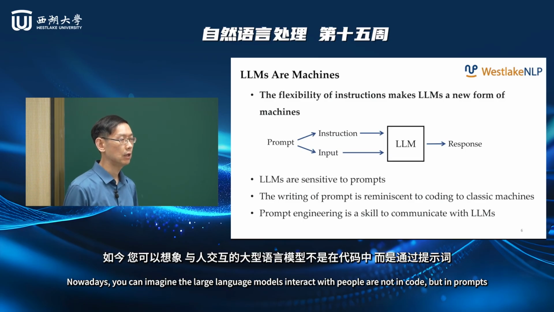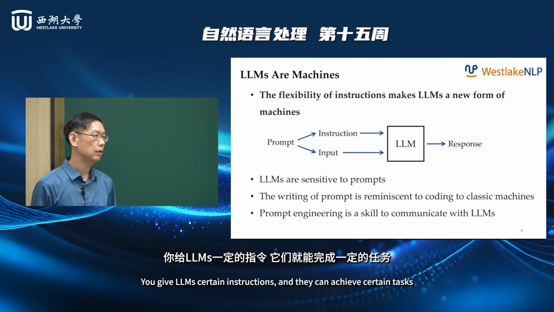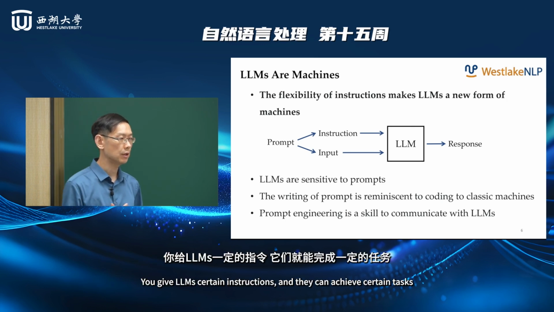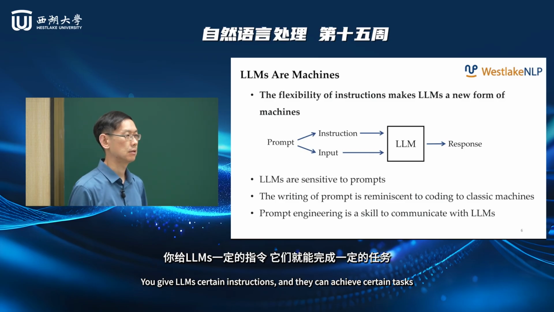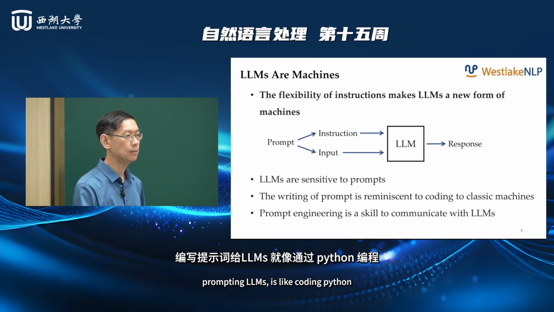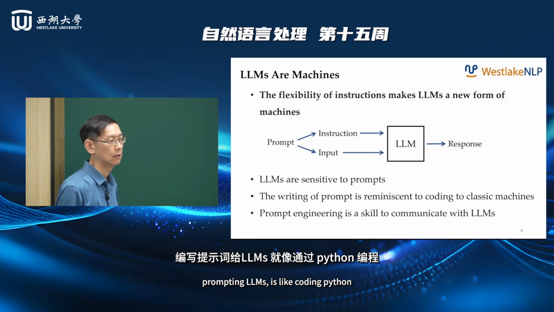Normally, my students write hundreds of lines of Python in order to solve an NLP task. Nowadays, you can imagine that large language models interact with people not in code, but in prompts. You give LLMs certain instructions, and they can achieve certain tasks. So prompting an LLM is like coding Python.